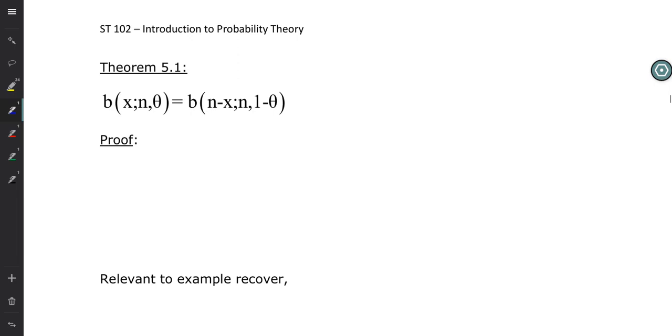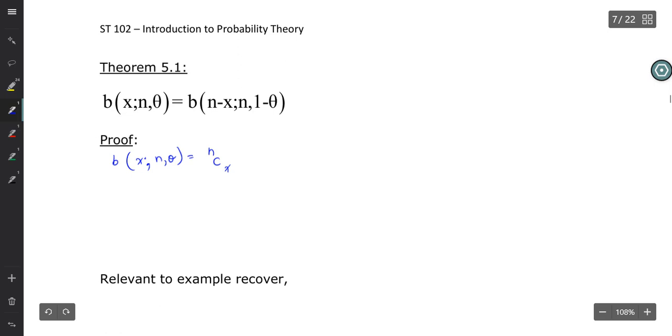Okay, let's start with the left hand side. b(x; n, theta), which is n choose x, theta to the x, 1 minus theta to the n minus x. And the right hand side is b(n minus x; n, 1 minus theta). So let's rewrite this formula. Now it is n choose n minus x.